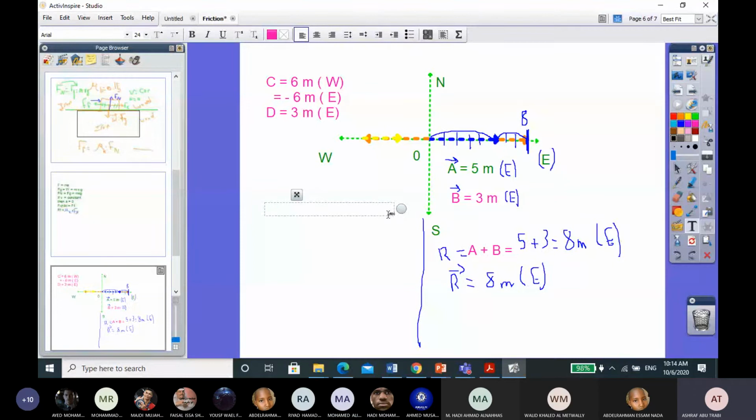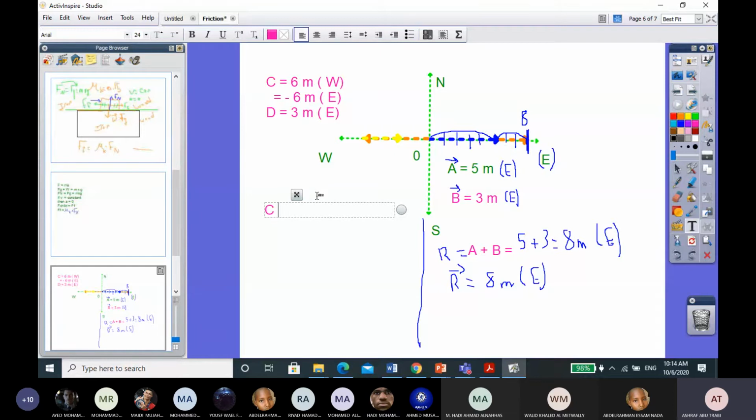We are starting from C, the orange one. Okay, so we are starting from C. So C is what? It will be C minus or plus D. Minus.